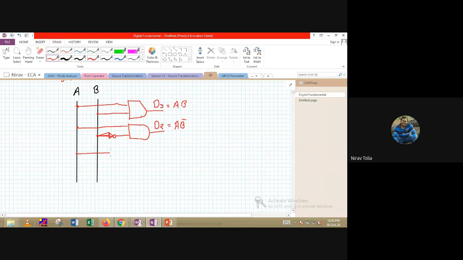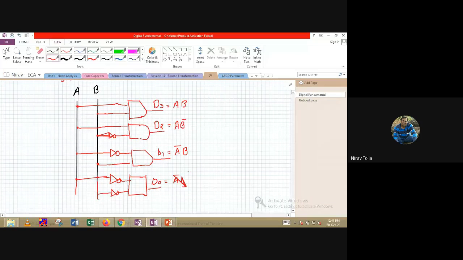The equation of D1 is A bar B, and the equation of D0 is A bar B bar.